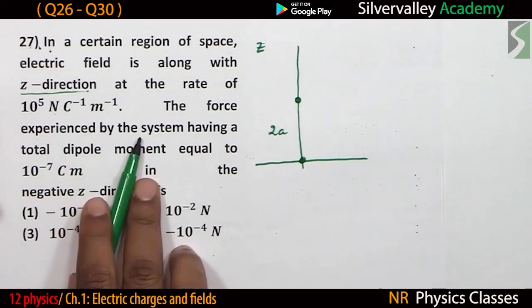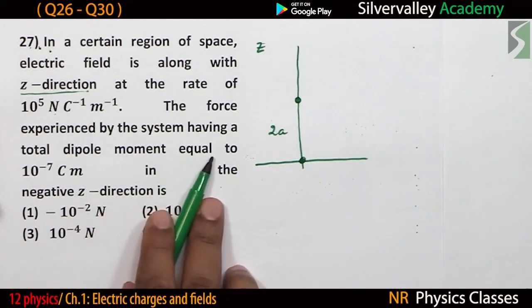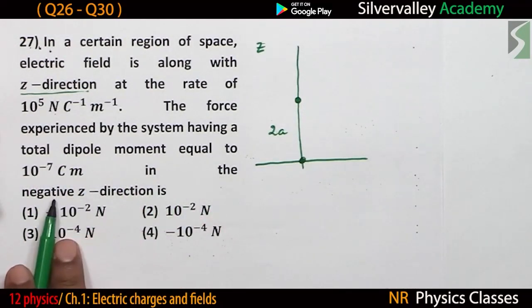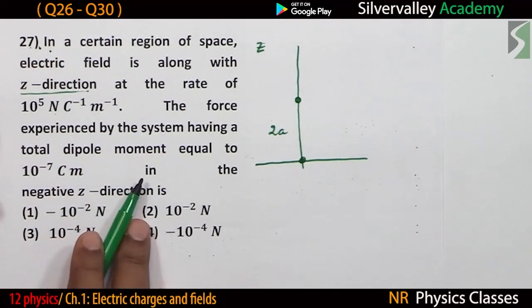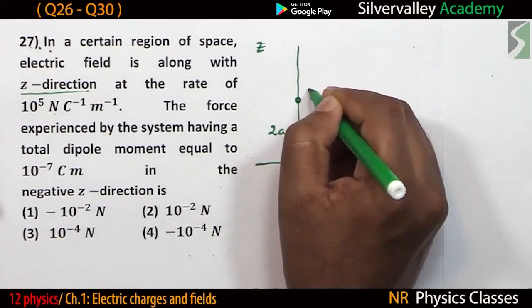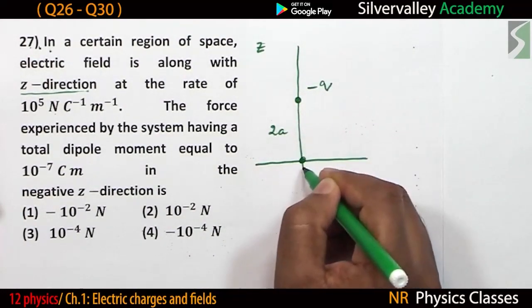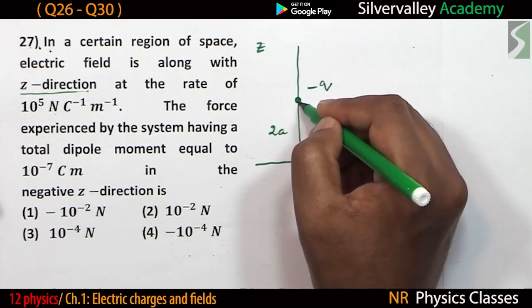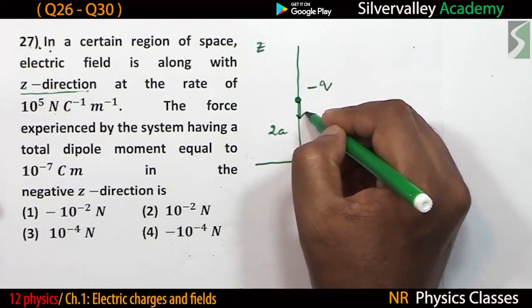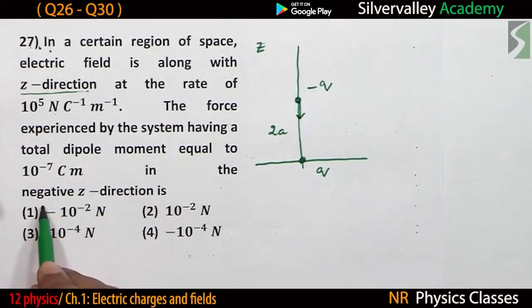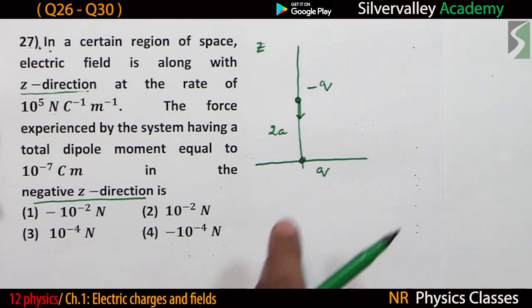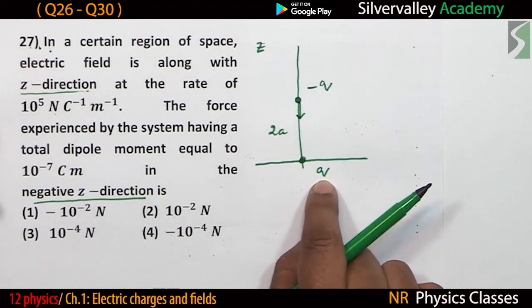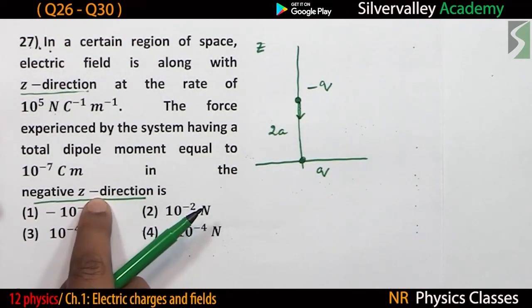The dipole moment is in the negative z direction, which means this should be minus q and this is q. Because of minus q and q, the direction of the dipole moment is along minus z direction. So why should I take minus q and q? Here is the clue.